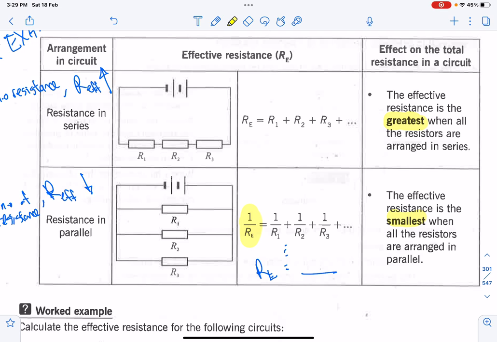And a lot of students tend to forget, for the 1 over R effective, you have to flip it back to find R effective. Okay, and one thing to note is that by increasing the amount of resistance in a series, the total resistance will increase. However, when you add more and more resistance in a parallel circuit, the overall resistance would actually decrease. So it has an opposite kind of movement. Okay.